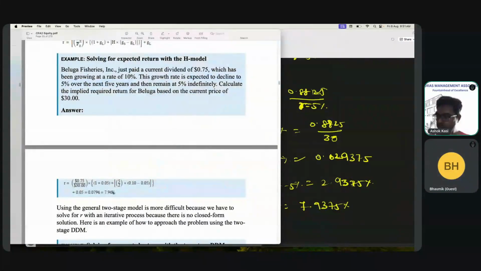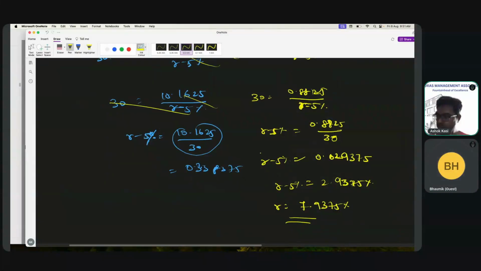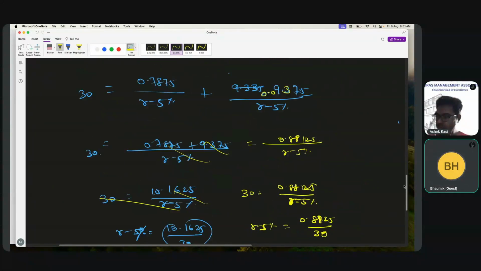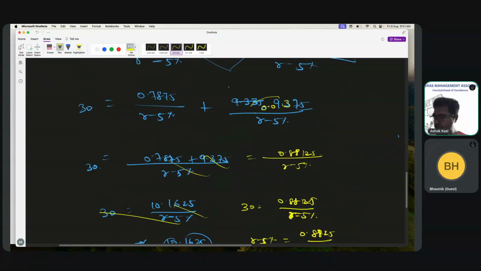Hmm, 7.94. It's matching. Was there a calculation error? It is 0.09375.